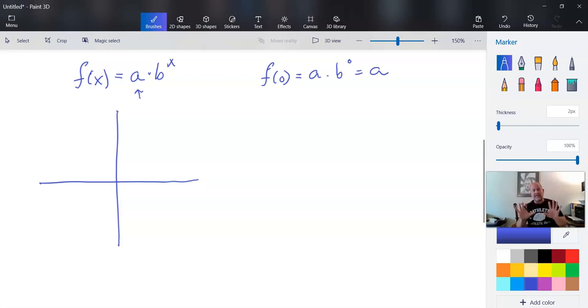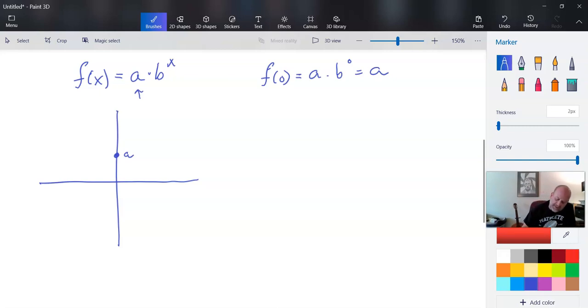Now, keep in mind, this is an unshifted graph. We haven't put any vertical translations or horizontal translations or anything like that in there. We're talking about the unshifted graph. When it's unshifted, I have a y-intercept at a, wherever a happens to be, right? Now, there's something else that happens here, and we'll see it when we look at our first example.